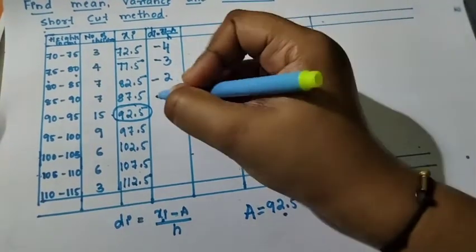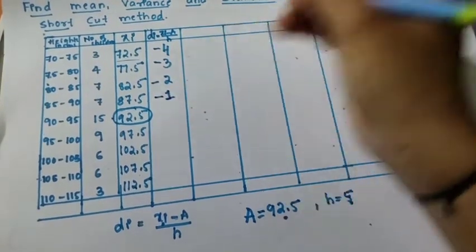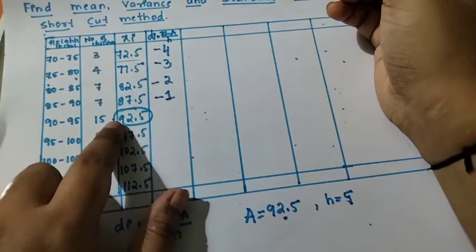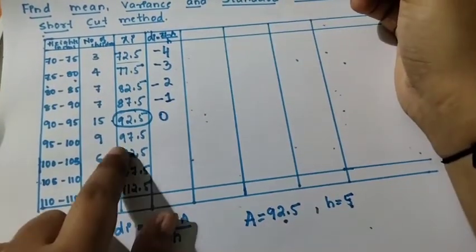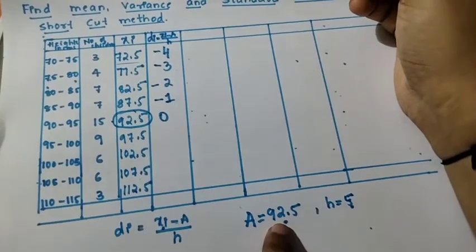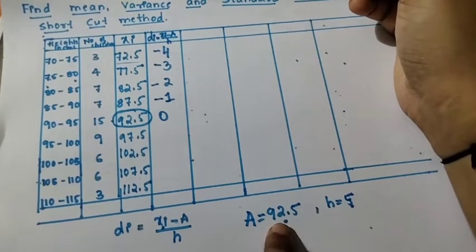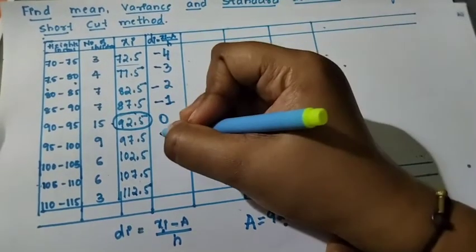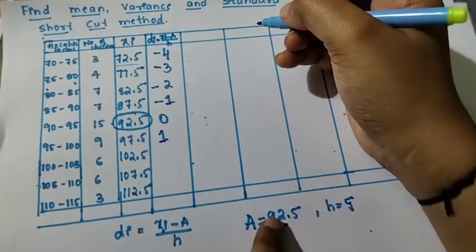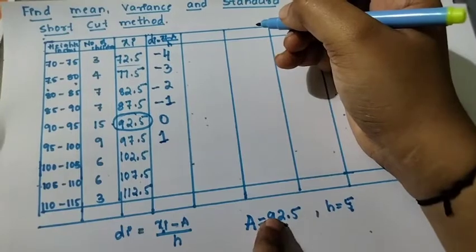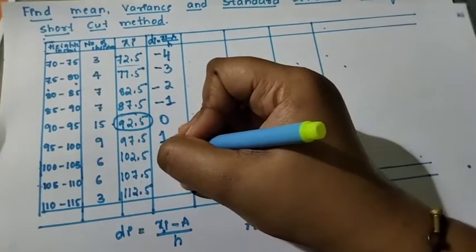Minus 5 divided by 5 is minus 1. Next 92.5 minus 92.5, it is already 0. Next 97.5 minus 92.5, it is 5. 5 divided by 5 will be equal to 1. Next 102.5 minus 92.5 divided by 5 will be equal to 2.